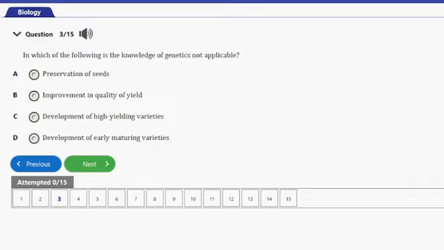The answer to this question is option A here, and that's preservation of seeds. Actually, the knowledge of genetics can be used in improving quality of yield. It can be used to develop high yielding varieties. It can also be used to develop early maturing varieties, but we don't actually make use of the knowledge of genetics in preservation of seeds. So that's it for that question.